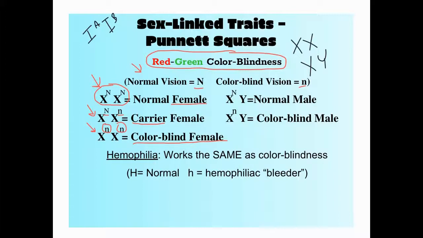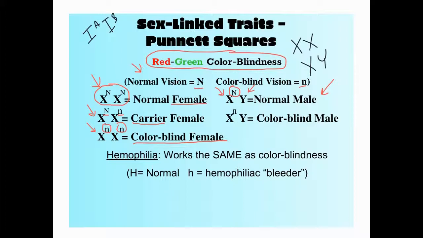On the other hand, with us males, we only have 1 allele for color blindness. It's on our X chromosome. Remember, the little y is too small. It's not big enough to carry that gene for color blindness. So for a normal male, you get the normal vision allele from your mom, and your dad gives you the Y, but it doesn't even have that information.